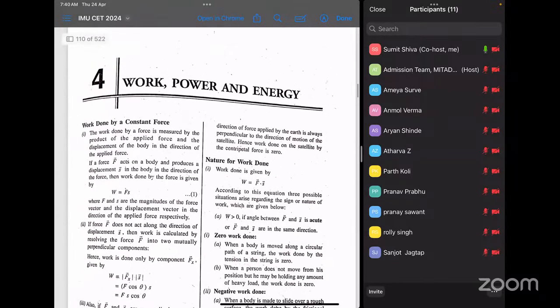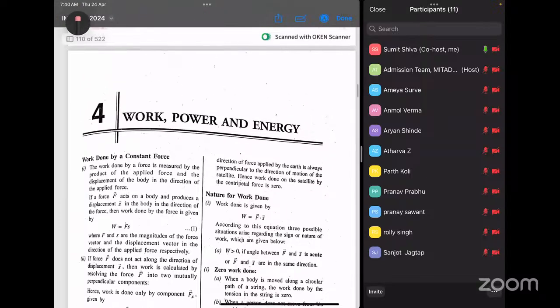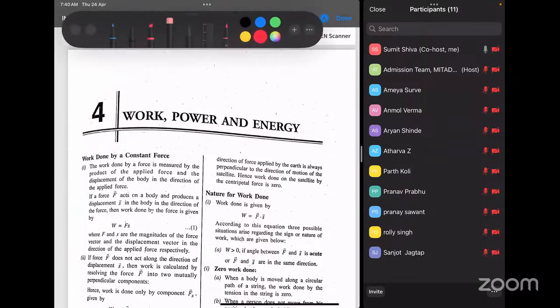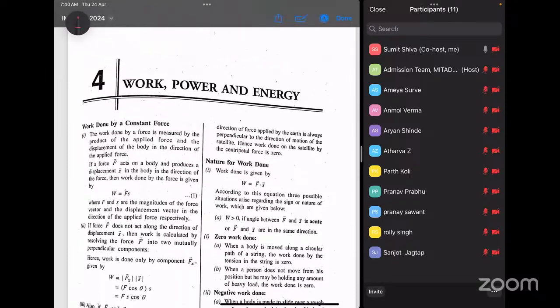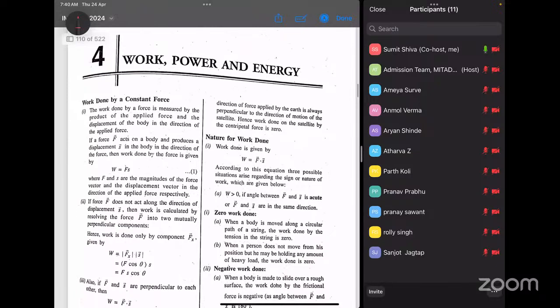Any doubt in Newton's laws of motion? Yes. Anyone has any doubt?